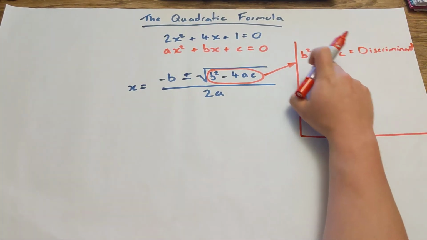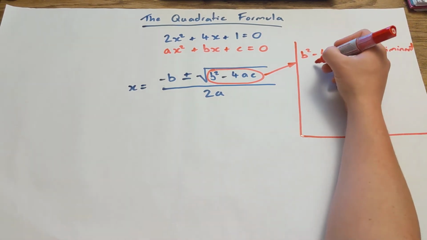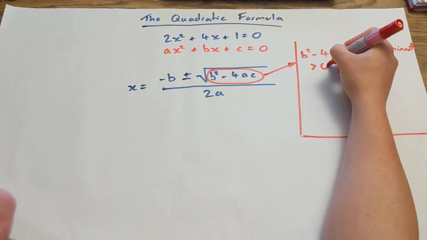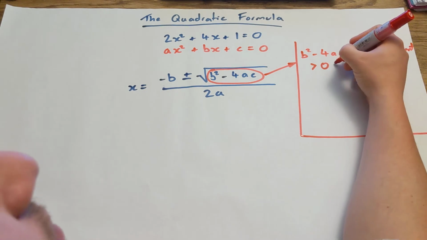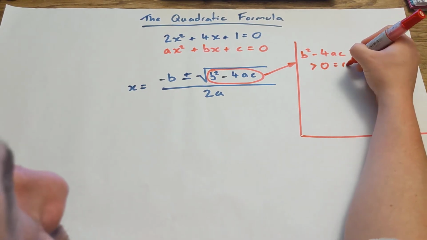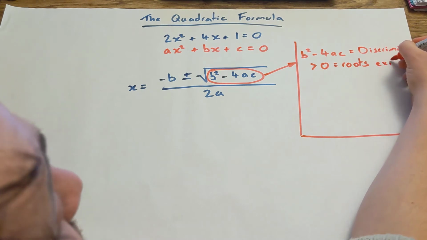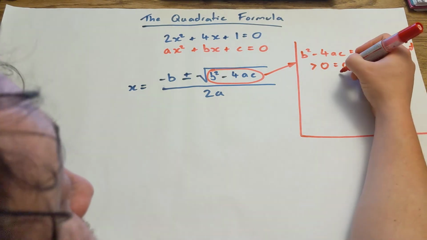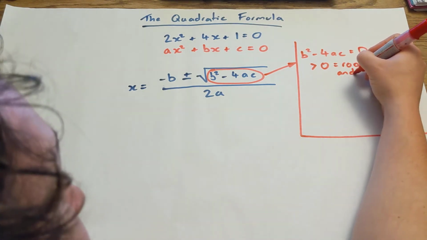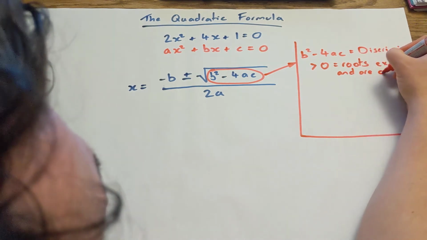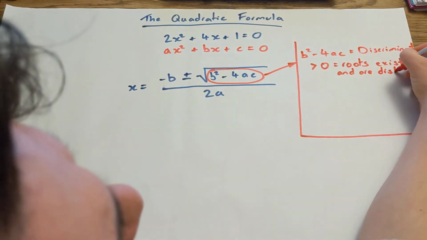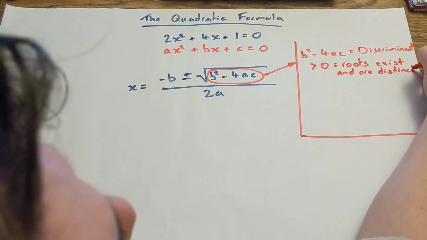If you work out just this bit and it is greater than 0, what that means is the roots exist and are distinct. That means they're different from each other.